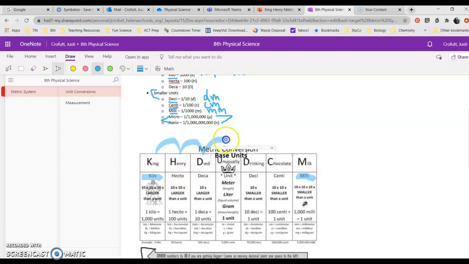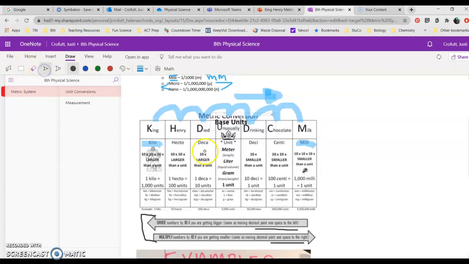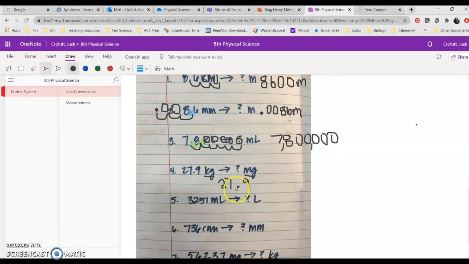So we're starting with kilo. Again, we're going 1, 2, 3, 4, 5, 6 to the right. So we're going to move our decimal 6 to the right. So if we go back down to this here, we've got our decimal right here. We're going to go to the right. 1, 2, 3, 4, 5, 6. Redraw our decimal in and then add those zeros in.